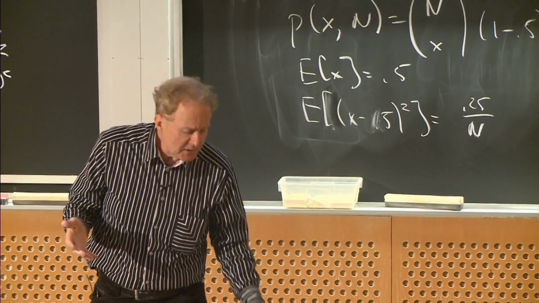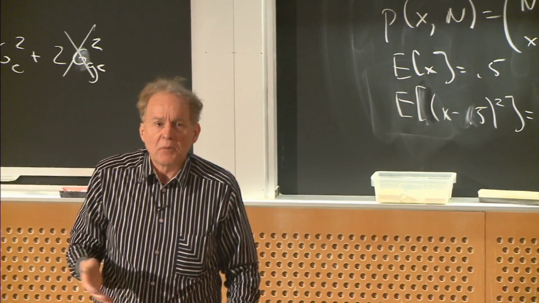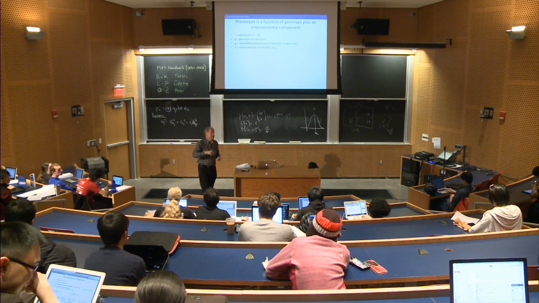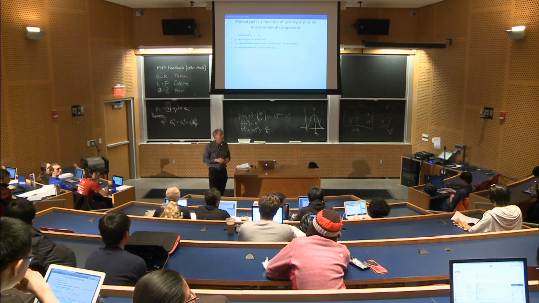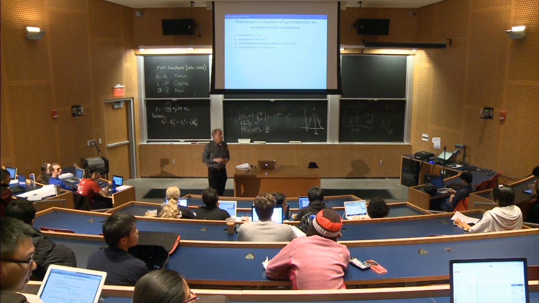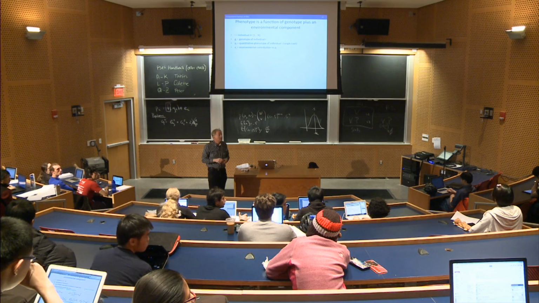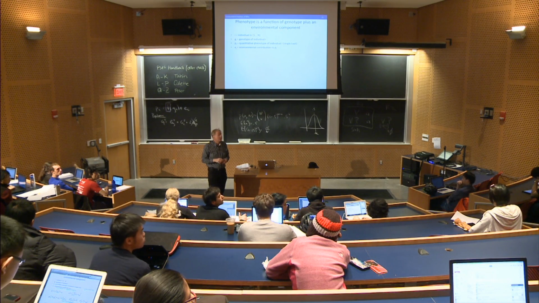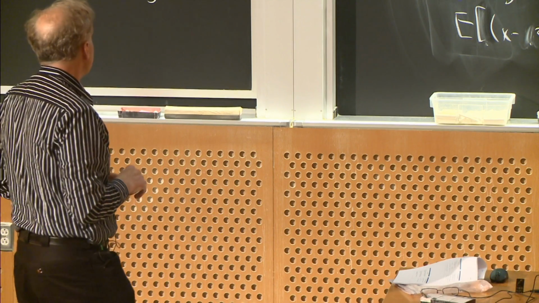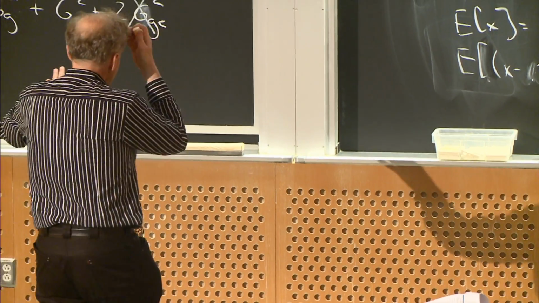Does anybody have any ideas how we could measure environmental variance? Yes? Study populations in which there's a controlled environment. Say one population was in one kind of homogeneous environment and another one was in a completely different one. Right. So what we could do is we could use controls.